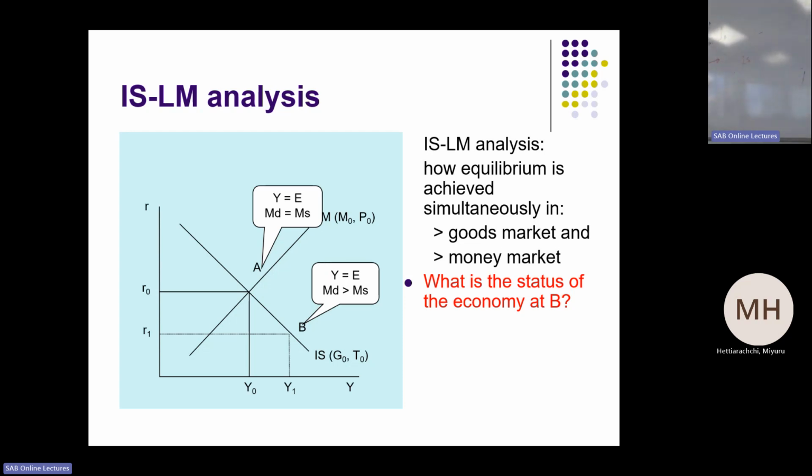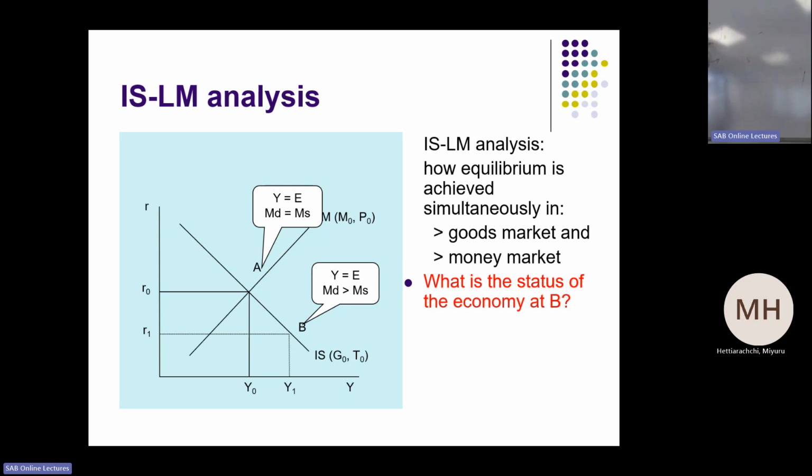Right? Point D, if we take it, what happens? Again, above the LM curve, there's excess supply of money. And also below the IS curve, excess demand for goods, right? If there is excess demand for goods, that will raise income.